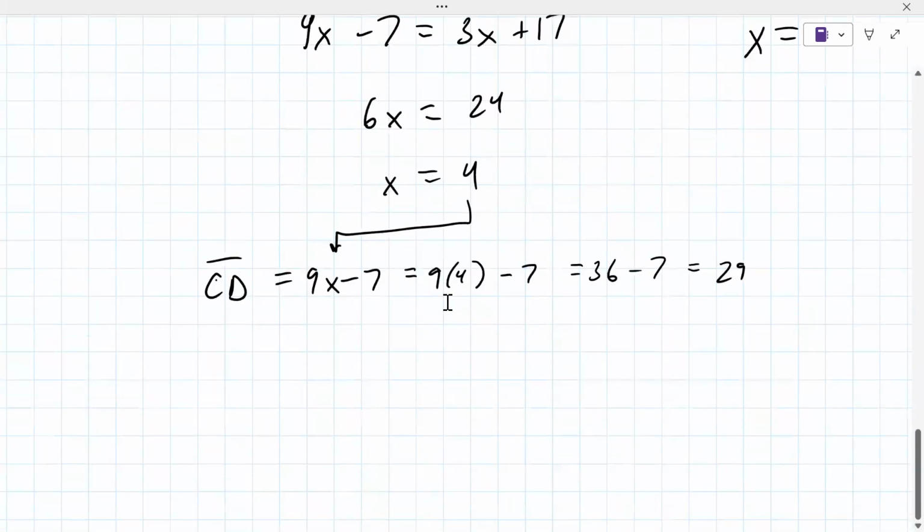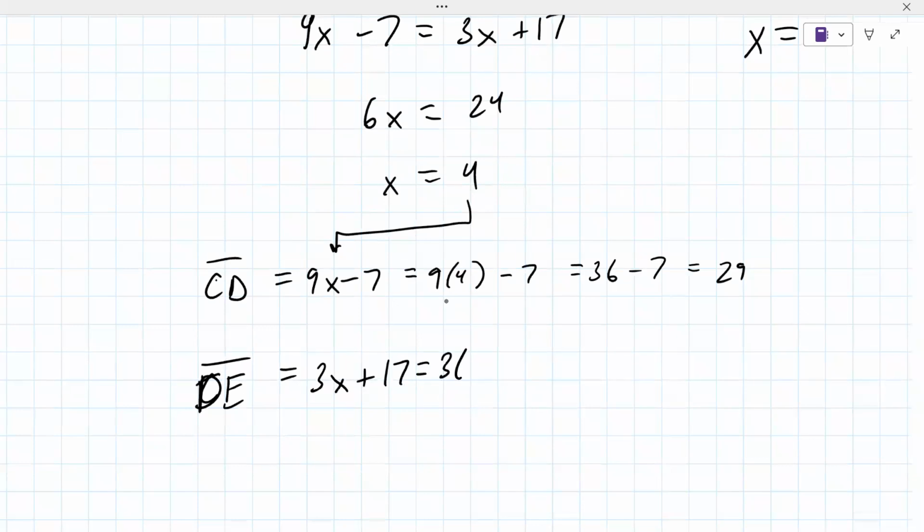Okay, let's have you do this. Let's have you find D to E, which is 3x plus 17. So 3 times 4 plus 17. What does that equal?